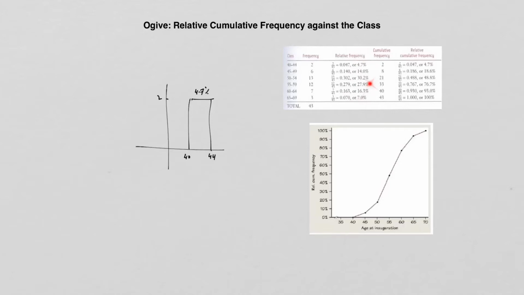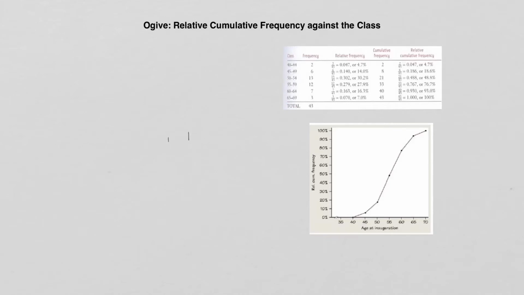I think this is better, because I can feel what 4.7 means. These are all better than the raw counts for sure, but the percentage is best. So I would say you want to put these relative frequencies against the classes. Okay. So let's move on.